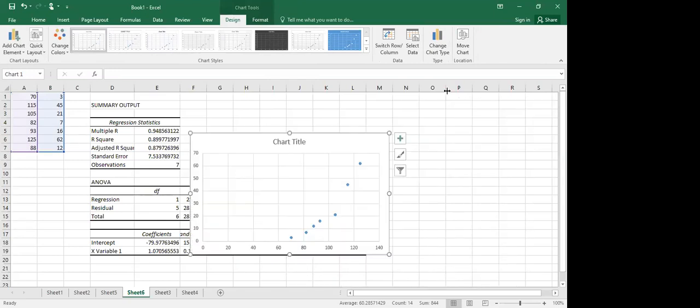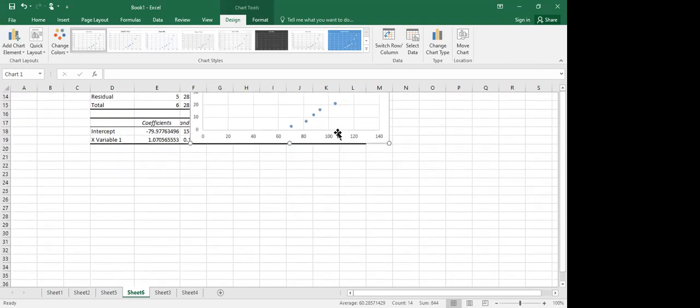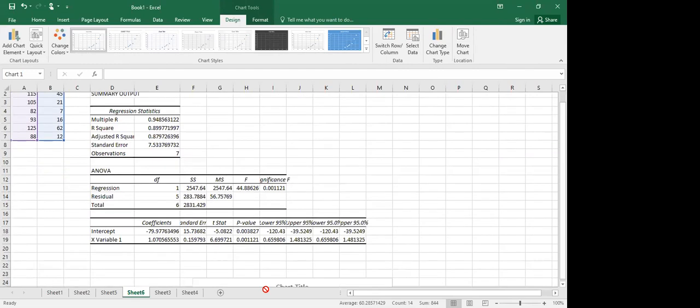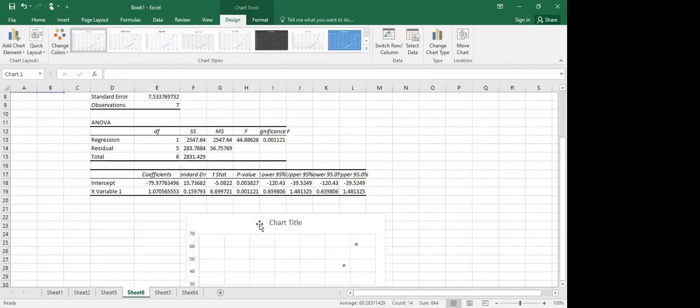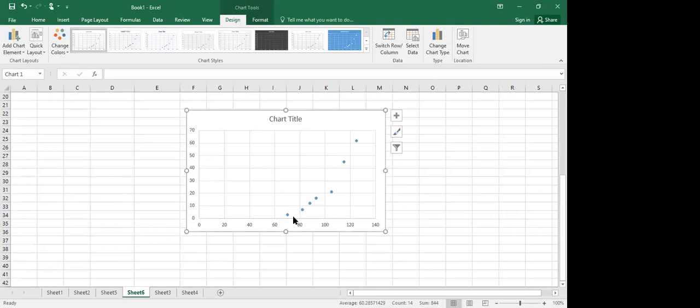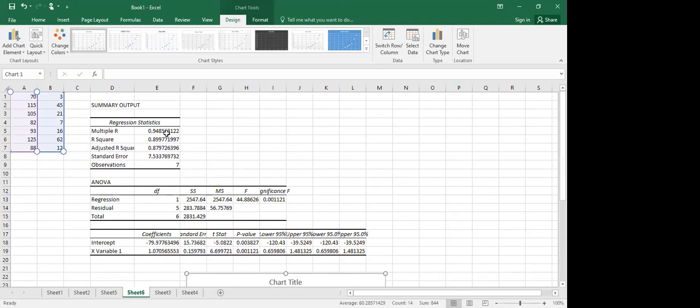I can place it here. So this scatter diagram indicates that there is a possible linear relationship, that is, a straight line can pass through these points, as we can see from the value of R.